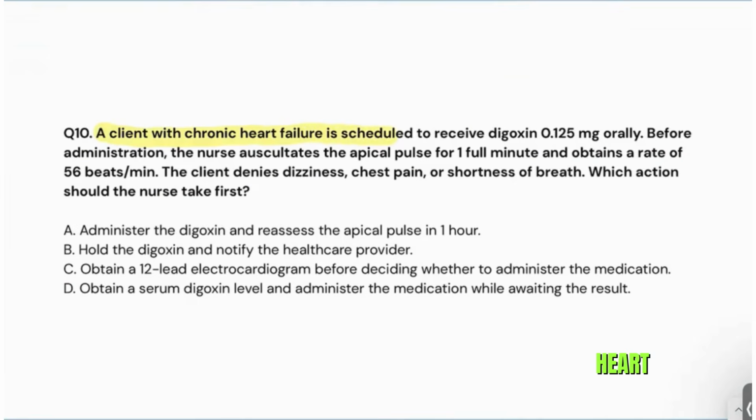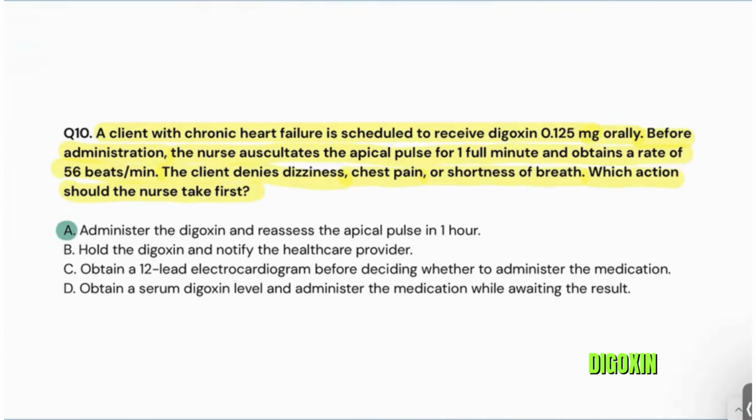A client with chronic heart failure is scheduled to receive digoxin 0.125 milligrams orally. Before administration, the nurse auscultates the apical pulse for 1 full minute and obtains a rate of 56 beats per minute. The client denies dizziness, chest pain, or shortness of breath. Which action should the nurse take first?